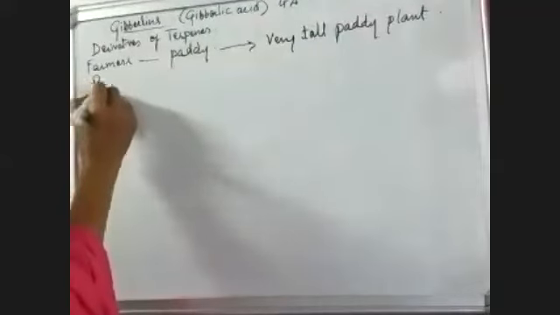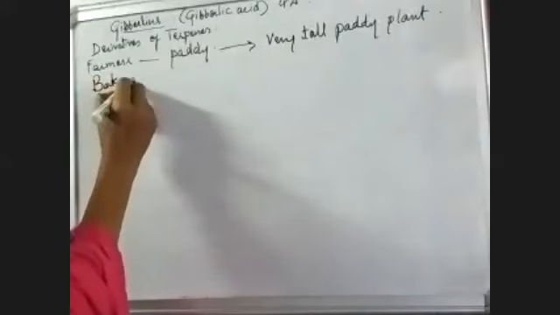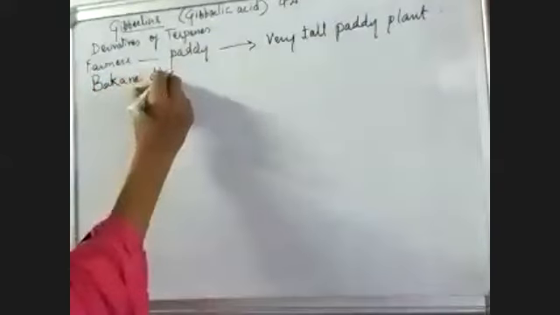They said that these very tall plants have a disease, and they named it Bakane disease.